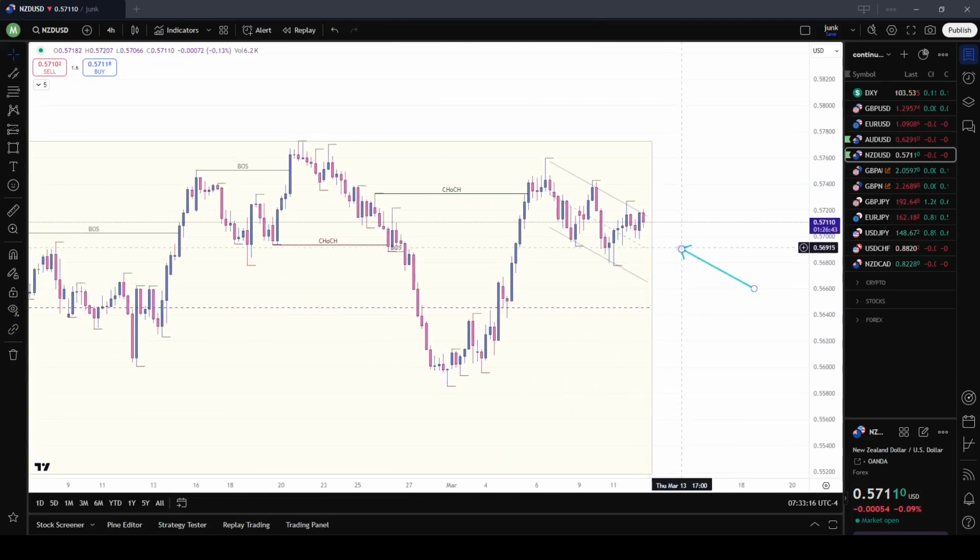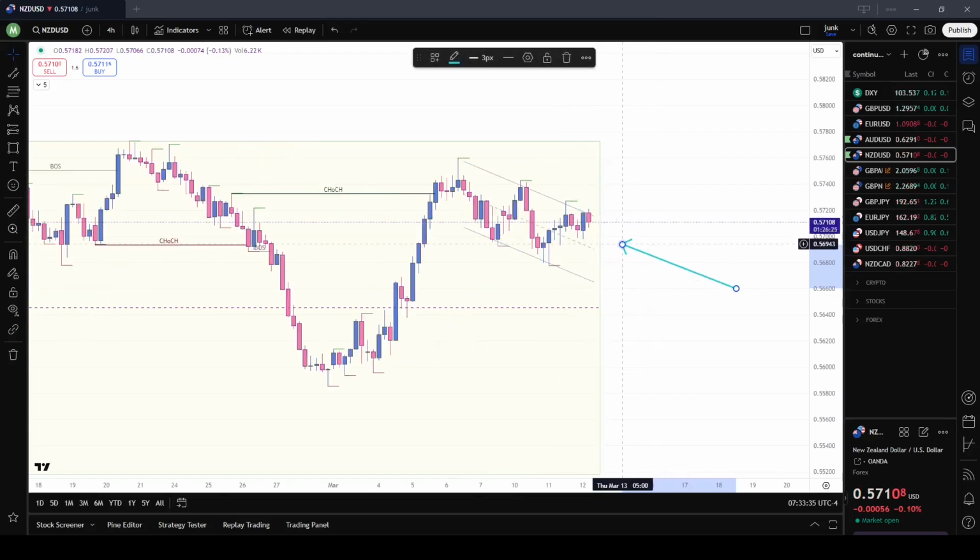Just like with AUD USD, we've got to wait to see how the dollar performs and the other correlation with the other dollar pairs. I'd be looking for any buys once it starts breaking structure and taking out the highs and the liquidity above this channel. We have to wait to see if that opportunity presents itself.